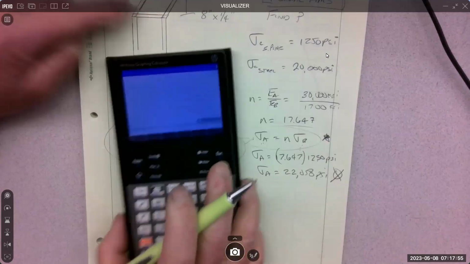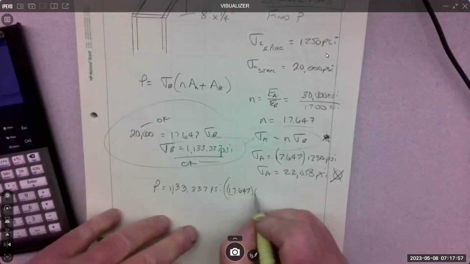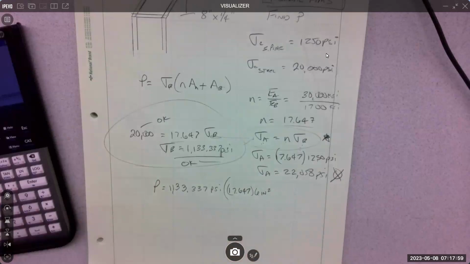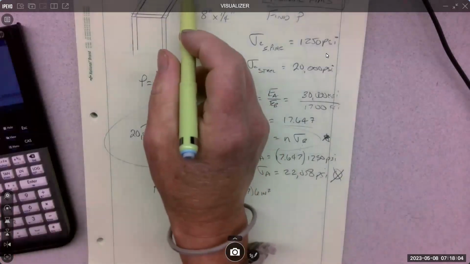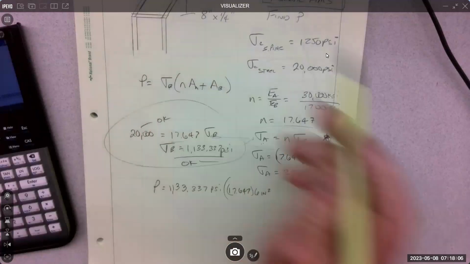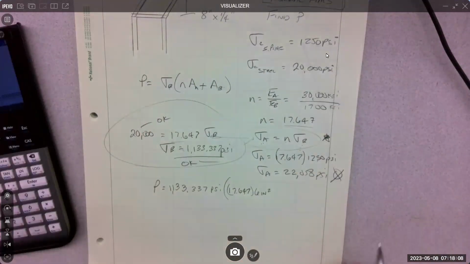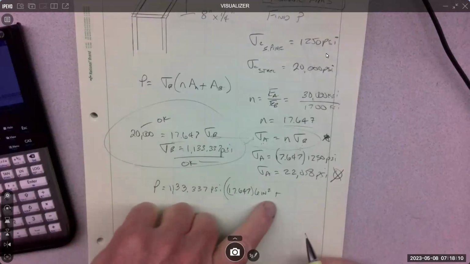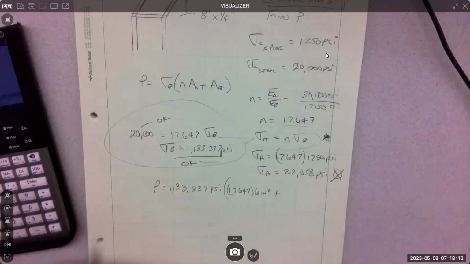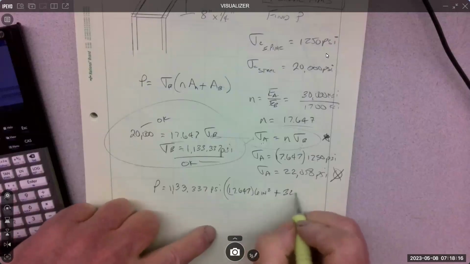Add them together, so that's 6 for material A. And I'm just going to verify that. 8 times an eighth is 1 times 2. Yeah, that's right. All right. And then I have to add plus 4 times 8, 32.